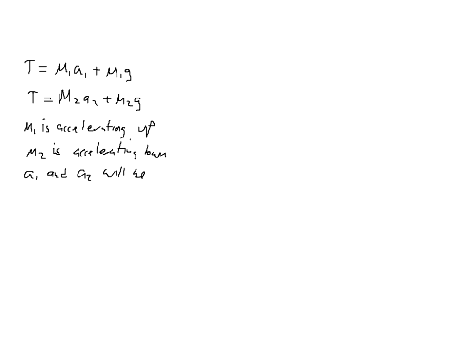So A1 and A2 will be the same magnitude, but opposite signs. So let me quickly check my notes here. Since M1 is going upwards, we'll set M1 equal to A, and this little triple equal sign, maybe you've seen that before, that just means is defined as.